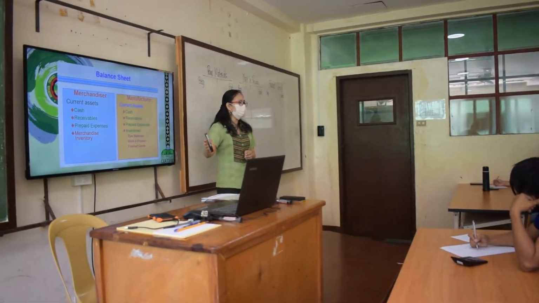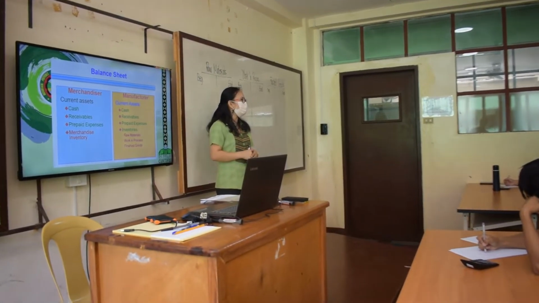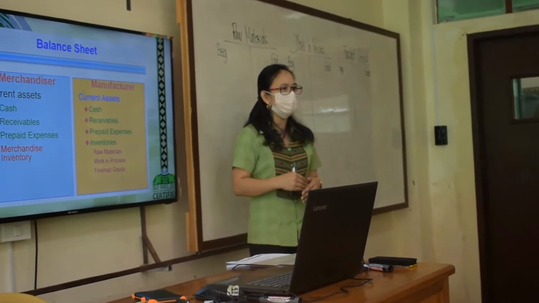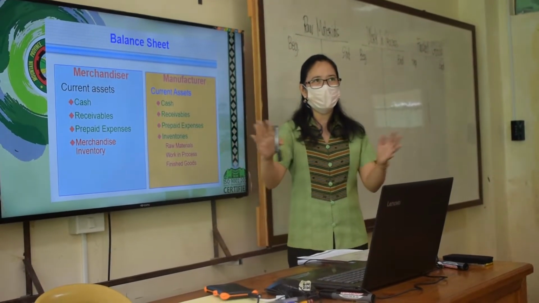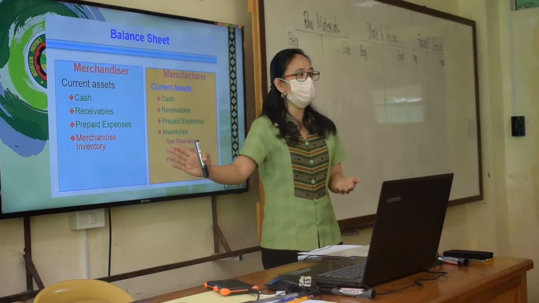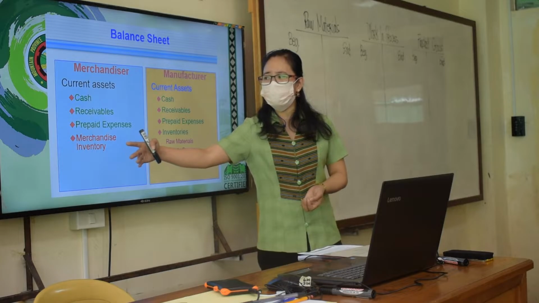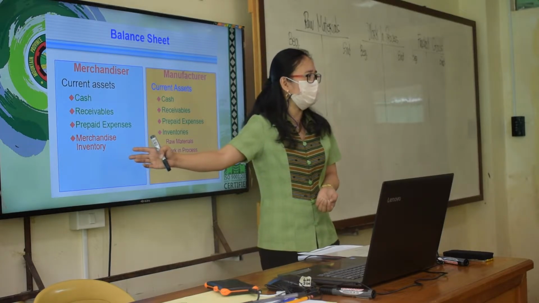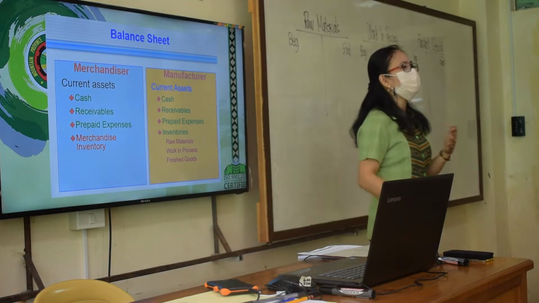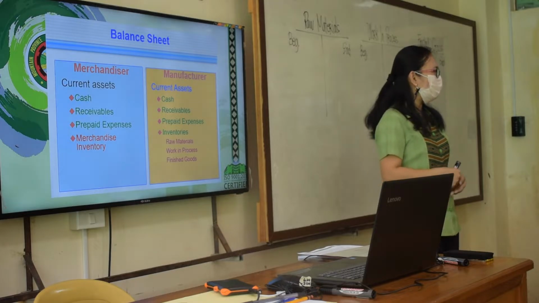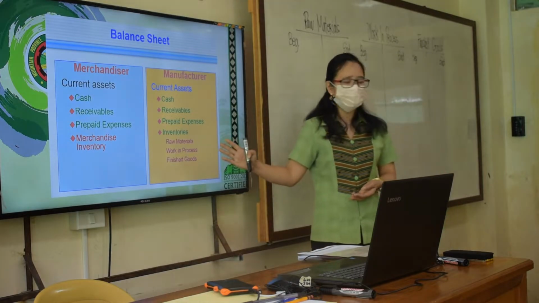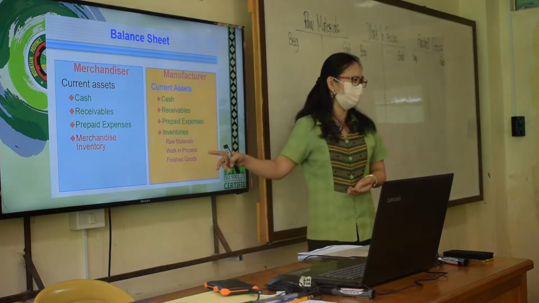and finished goods. So if later on you decide to come up with a feasibility study that is buying and selling, that's trading, I should only be seeing merchandise inventory in your financial statement. But when you are a manufacturing company, I should see 3, or at least 2, okay?